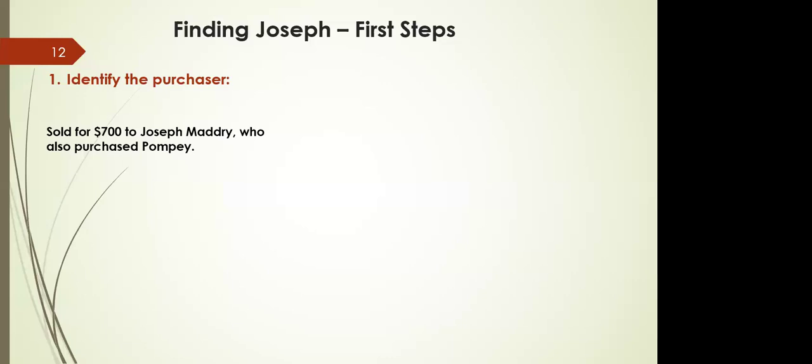So that means maybe he's in his mid to late 20s or so is what I'm thinking about Pompey. So if I compare that to the $700 for Joseph, it makes me think that Joseph is not a full-grown man in 1860, that he's probably a pre-adolescent or adolescent boy, just in my mind, maybe 12, 13, 14 years old.